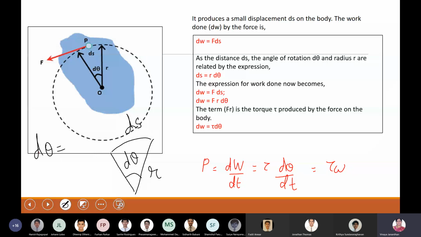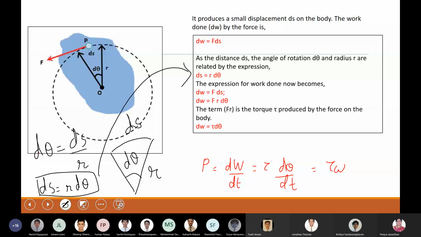Arc length by the radius. So d theta is ds divided by r. So then what is ds? r d theta. So that you are substituting over here, boys.